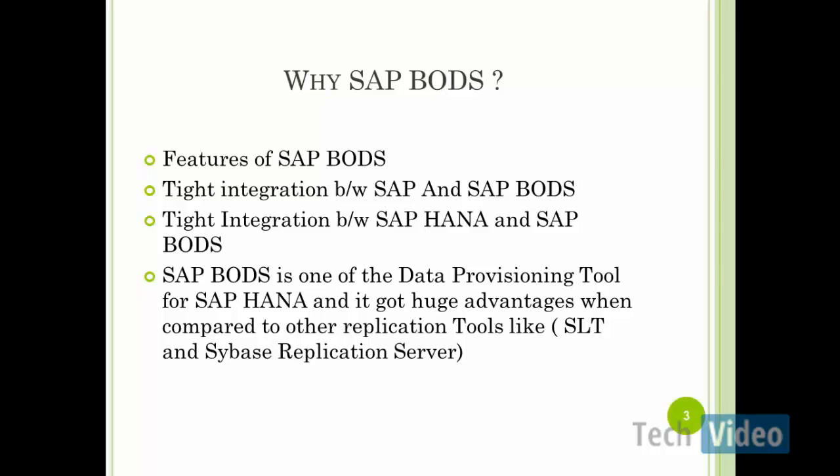All the industries that have an SAP BW landscape are now parallelly using SAP BODS also, because SAP BODS will talk to SAP BW too. It will extract whatever InfoCube tables, DSOs, and open hub tables you have. All those can be extracted from SAP BW with the help of SAP BODS.